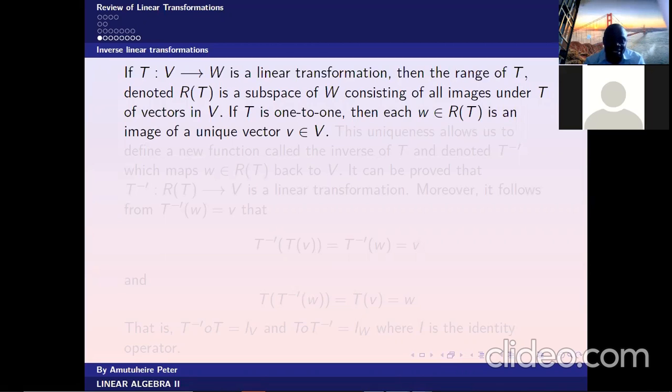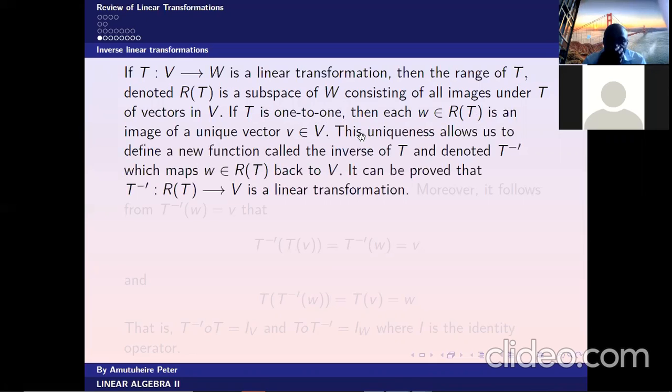So if T is a 1 to 1 transformation, then each vector w in R(T) is an image of a unique vector, because 1 to 1-ness guarantees that every v is mapped to a unique image, and so this unique image is also an image of a unique vector on the other side. The uniqueness allows us to define a new function which we call the inverse.